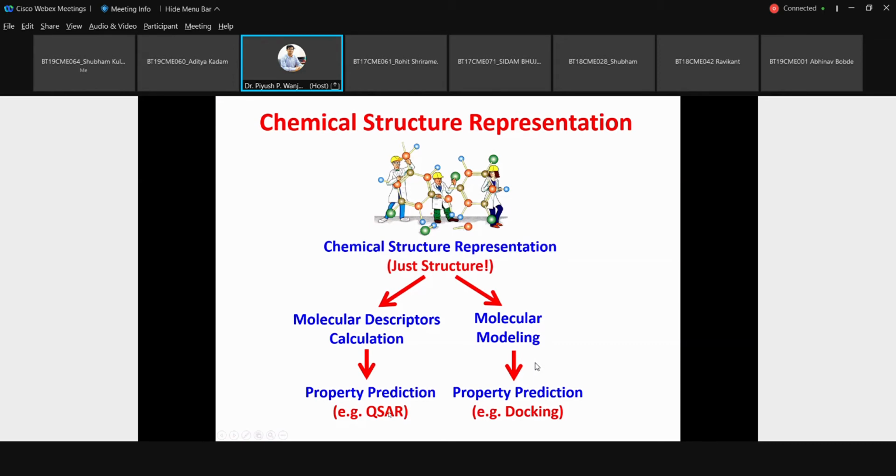Both methods are different in such a way that initially you can consider just the structure. Structures are like dead bodies. They do not have any soul within them. They do not understand how to interact with other compounds. But based on the structure you can estimate some properties.